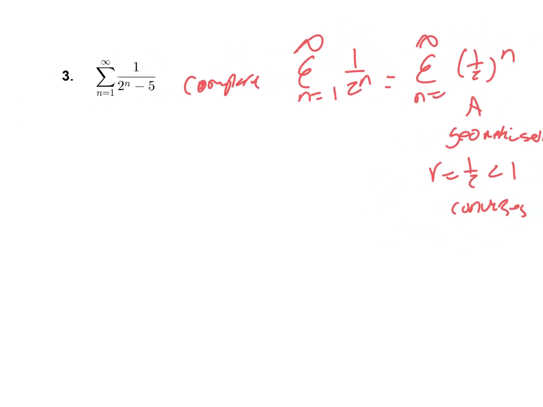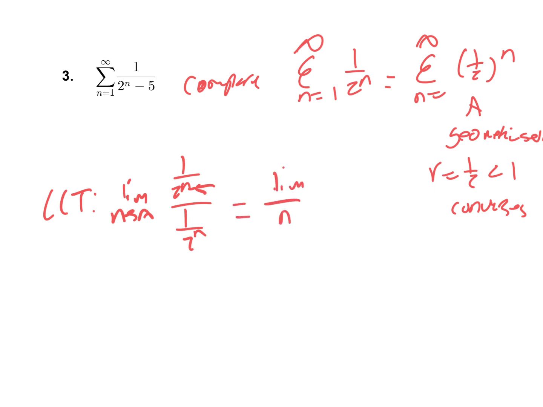Now that we have that, we can do the limit comparison test. We take the limit as n goes to infinity of our given series, 1 over 2 to the n minus 5, over our known series, 1 over 2 to the nth power, which equals the limit as n goes to infinity of 2 to the n over 2 to the n minus 5.